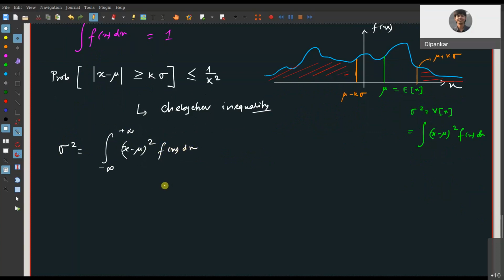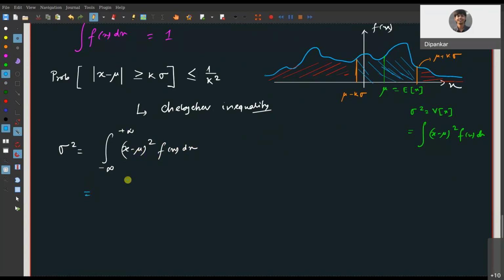So you can break down this integration into two parts. First you do this integration in the cyan region, and then in the red region.